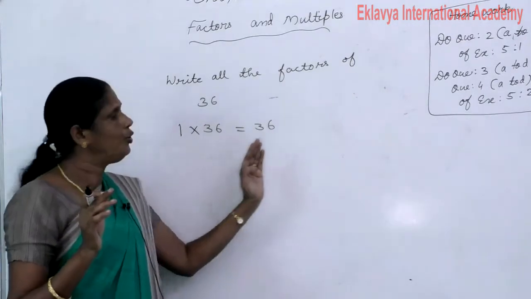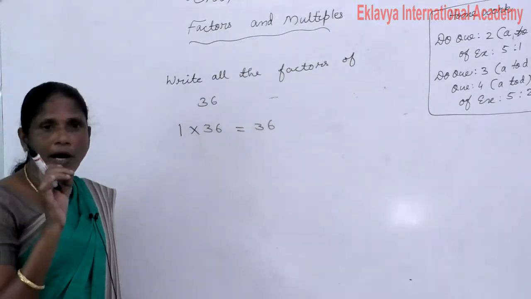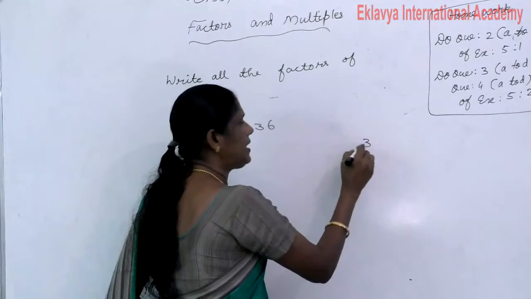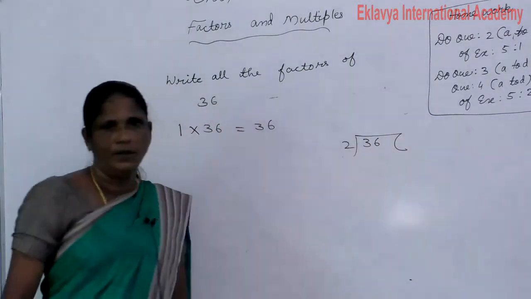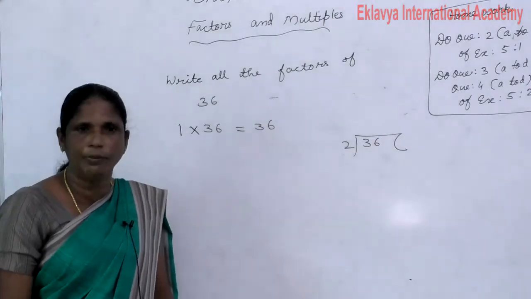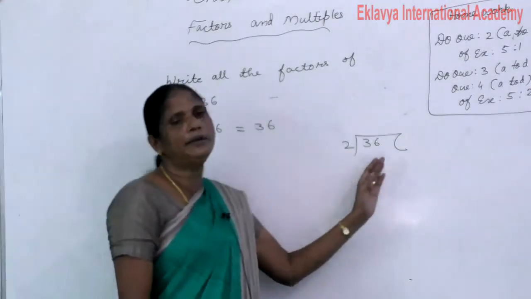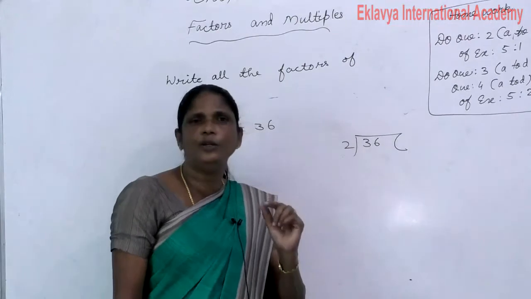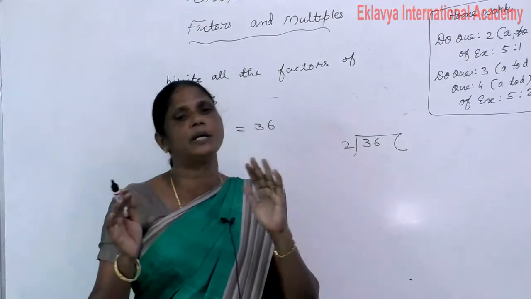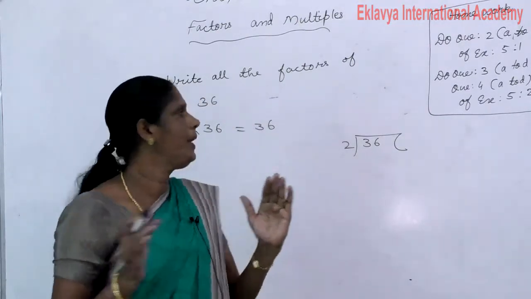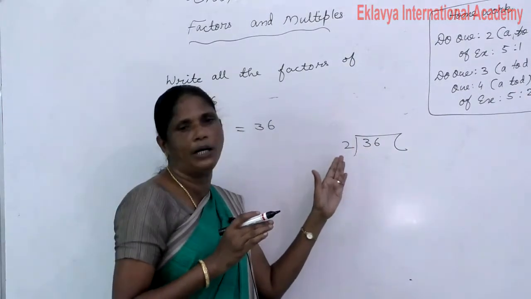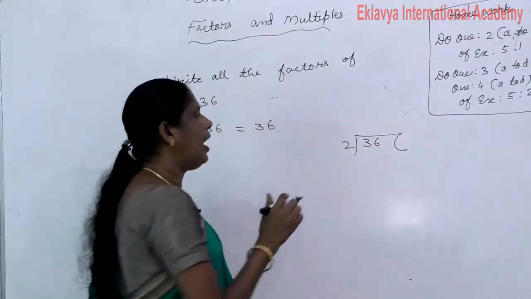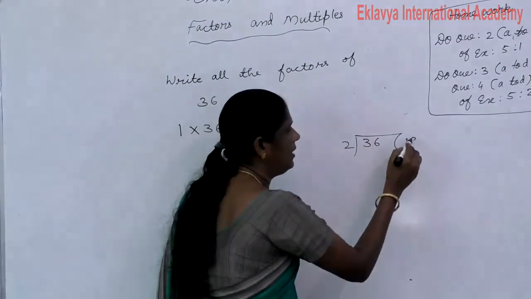Then second, 2. First you divide 36 divided by 2. You take a rough notebook and you divide the big numbers. Then how many times gone? 18.